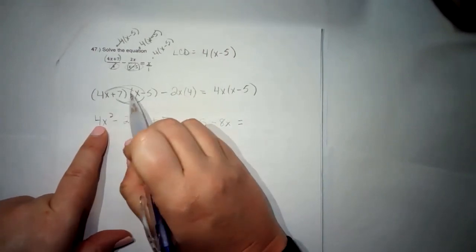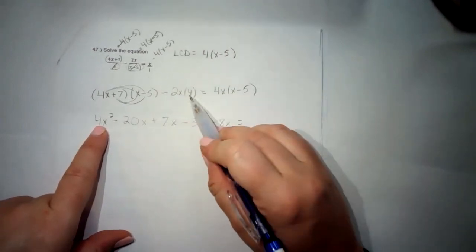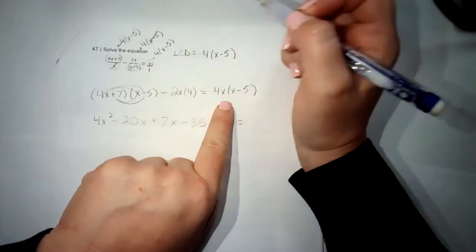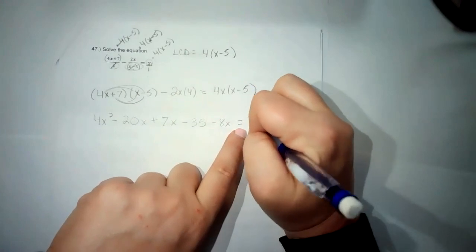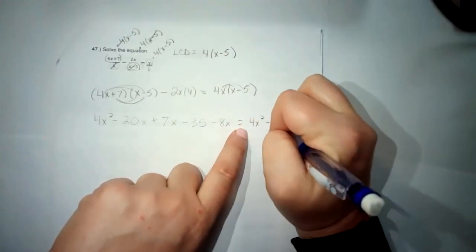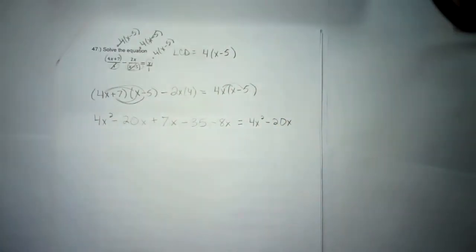Oh, right here. Oh, because there was an x here. Okay, and then I'm going to have 4x squared minus 20x. Oh my goodness, things are just canceling like crazy.